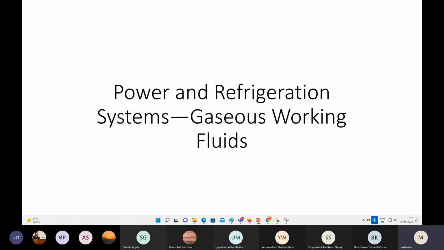Now, similarly, we are defining certain cycles, both power cycles as well as refrigeration cycles, where phase change of the working fluid is not happening. Whatever your internal combustion engines, gas turbine engines, these all are coming in that.